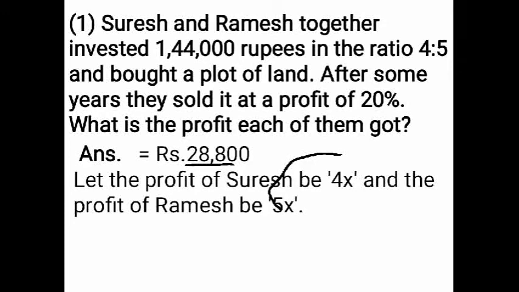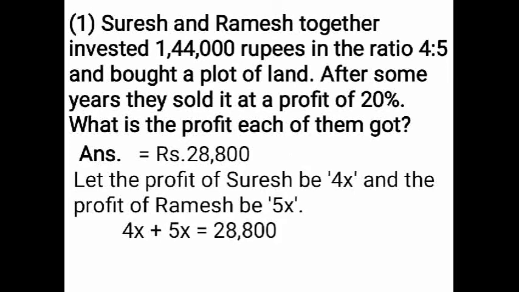You have to write it in equation form now. That is, 4x plus 5x is equal to 28,800. You have to add 4x plus 5x. 4x plus 5x is 9x, is equal to 28,800. You have to find the value of x.